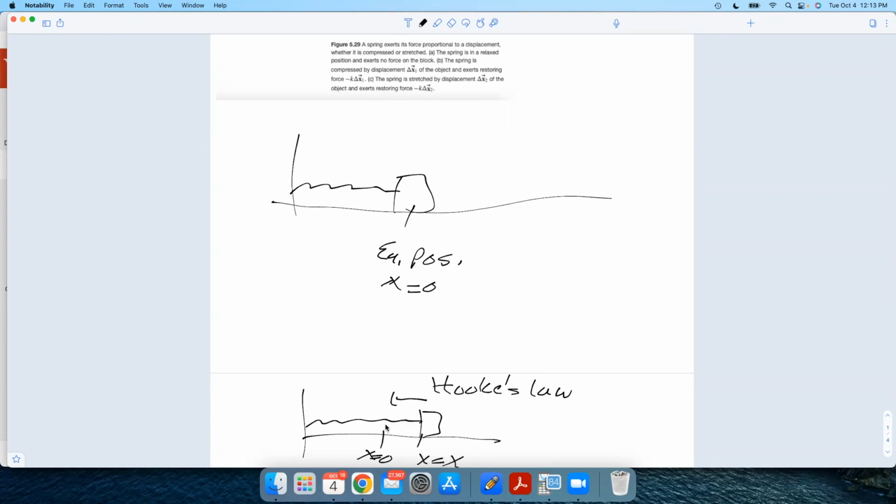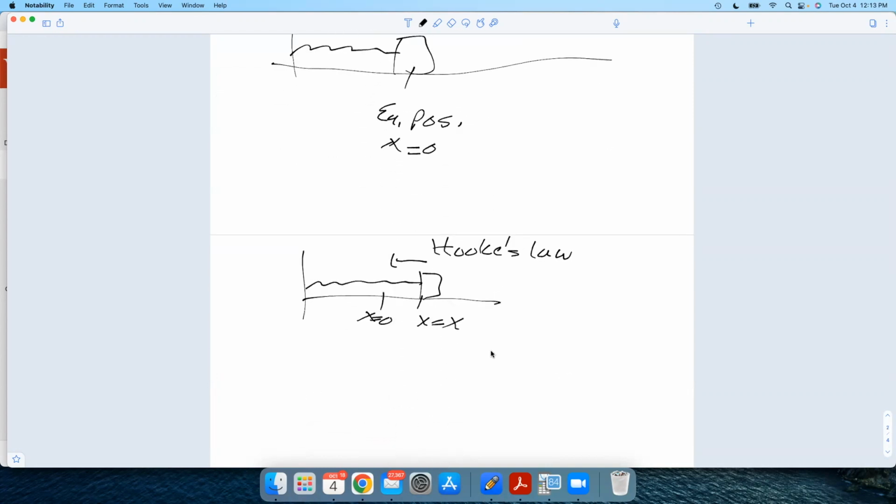The spring's been stretched out, it tries to go back to normal. And that force will be negative kx. So this is the positive direction to the right. That force is going to be negative because it's pointing to the left.